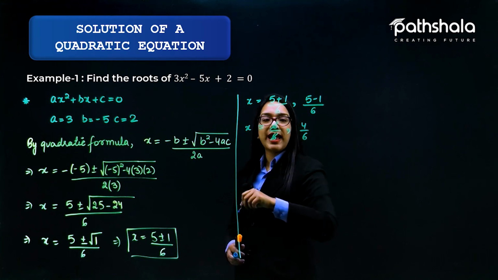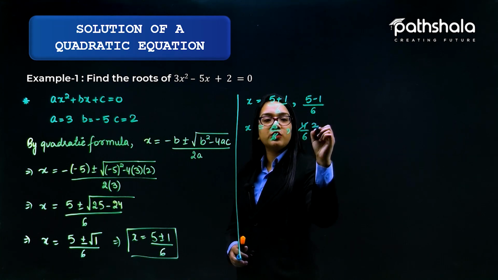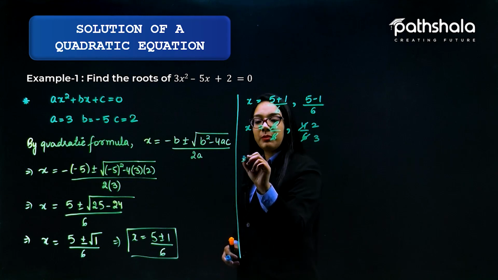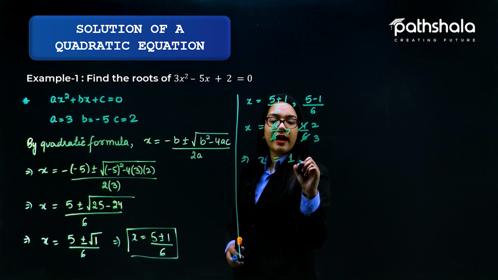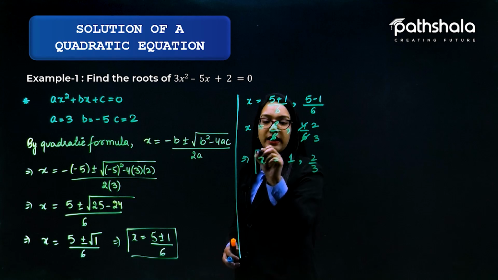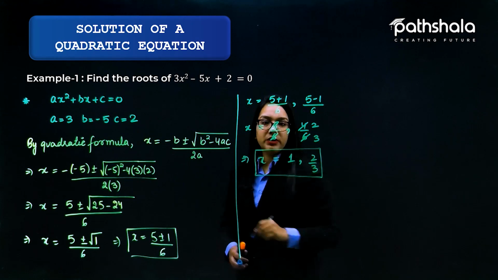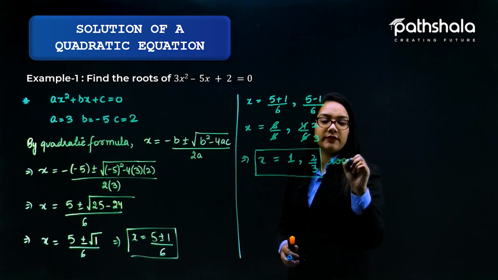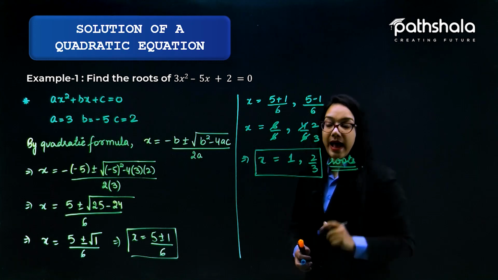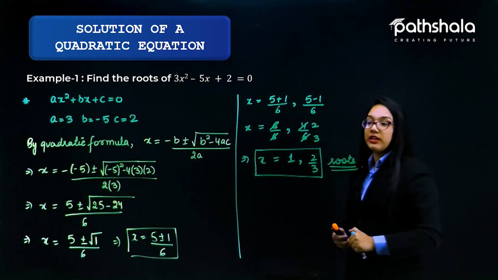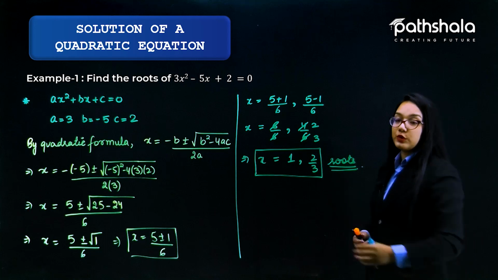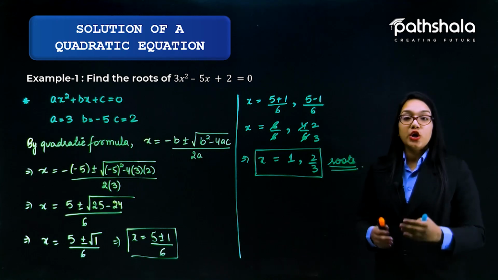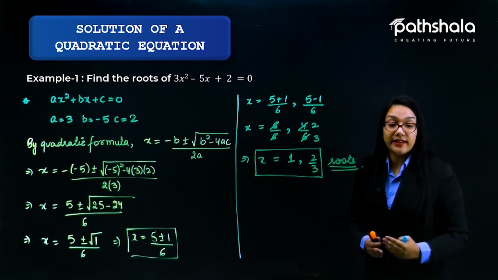So 6 and 6 get cancelled with each other, and 2 into 2 is 4, 2 into 3 is 6. So it means x is equal to 1 and 2 by 3. They are nothing but the roots of the given quadratic equation, and we have found the answer for this particular question using the quadratic formula.